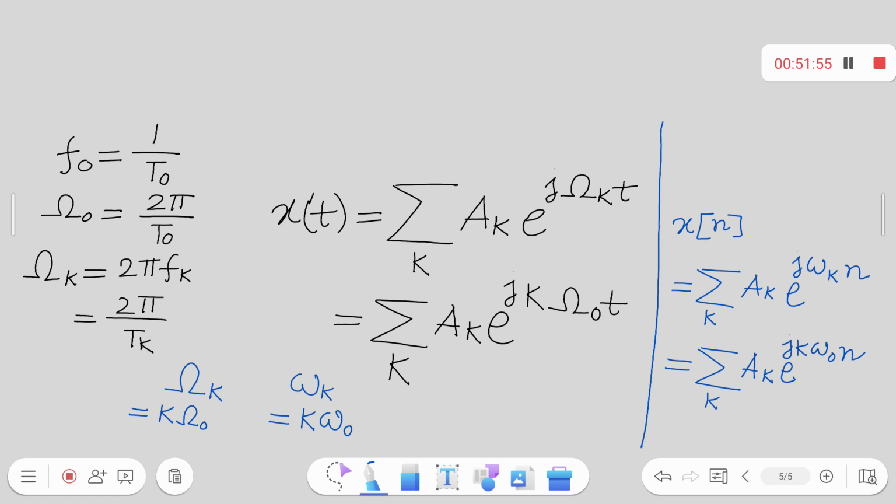I am trying to emphasize: you have e to the power j k omega naught n. That is your constituent basis function, the constituent eigenfunction, the kth eigenfunction.